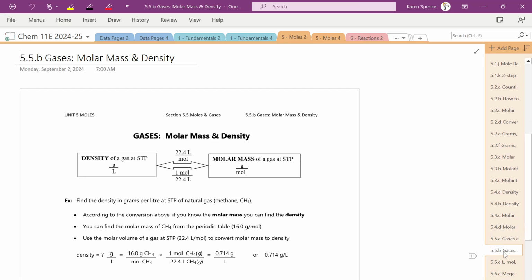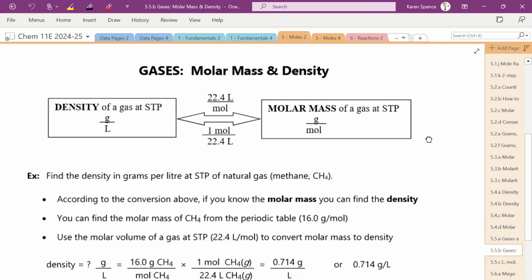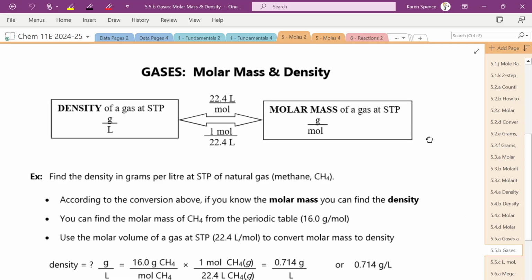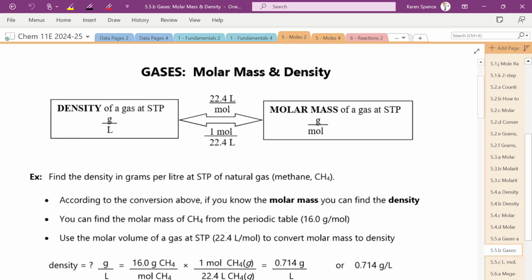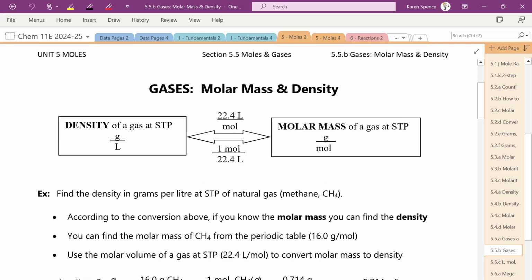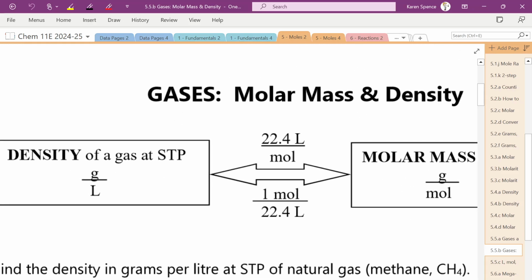What do we got here? Molar mass and density. Did I get you guys to do any of these? Probably not, right? Look at this. What is density measured in? Grams over liters. What's molar mass measured in? Grams over moles.